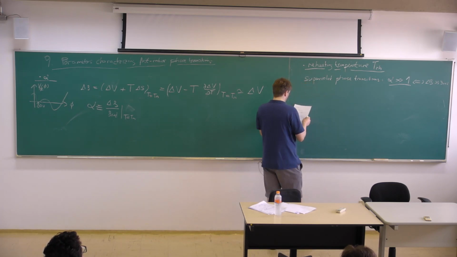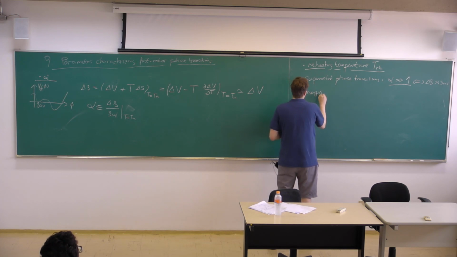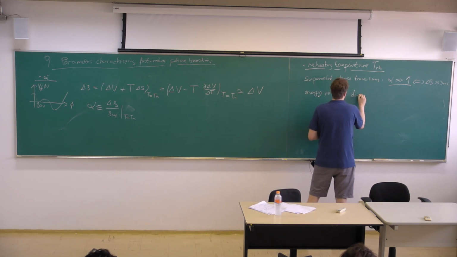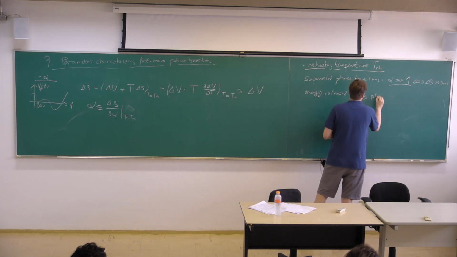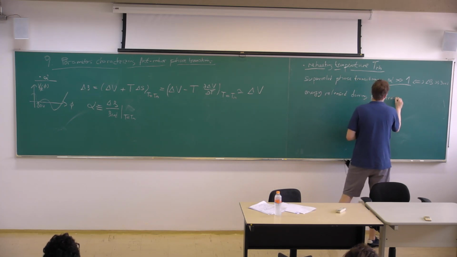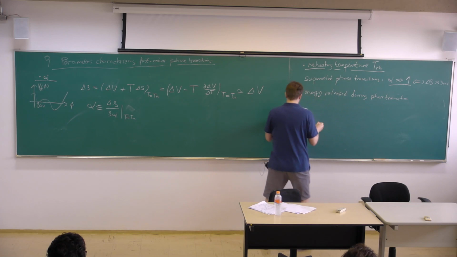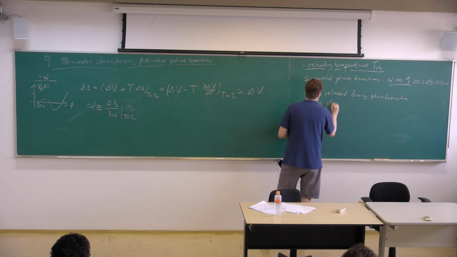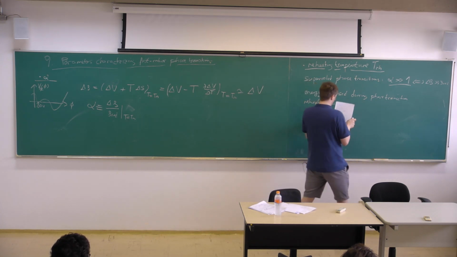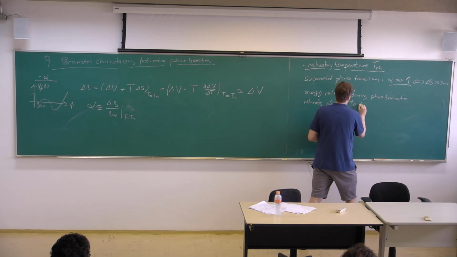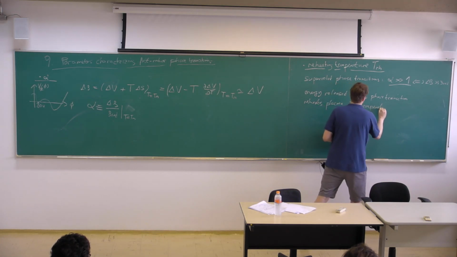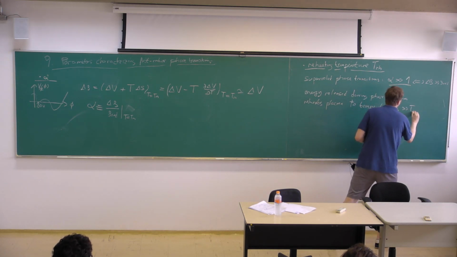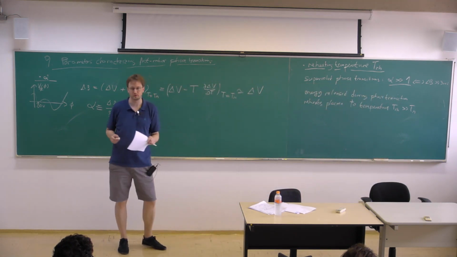So the energy released during the phase transition reheats the plasma to some temperature T reheat, which is much larger than the temperature that you had at the time of the phase transition, which was the nucleation temperature.